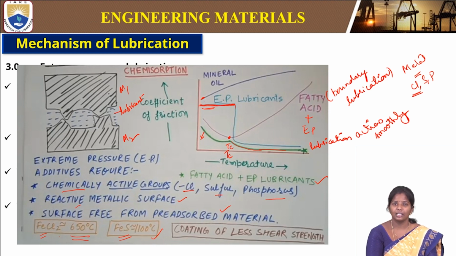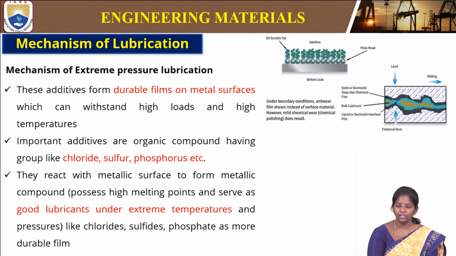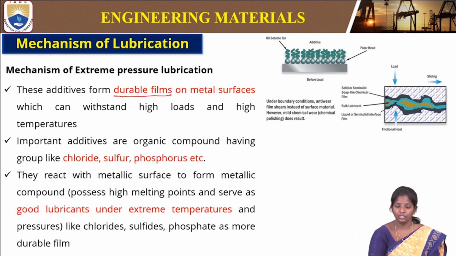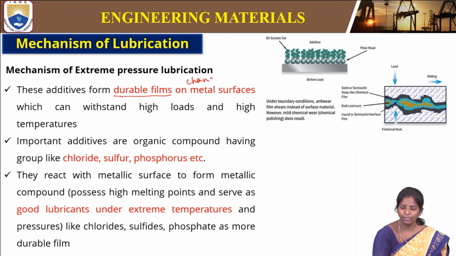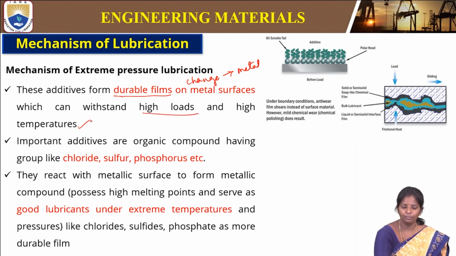The coating has less shear strength, so it favors the lubrication action, and machinery runs smoothly. So these additives, which we make react with the metal surfaces, form durable films. It is a permanent change happening to the metal, with durable films that can withstand high loads and temperatures.